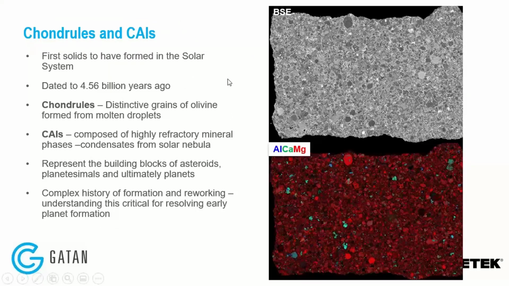So, chondrules and CAIs. Well, chondritic meteorites are composed of these two components. Chondrules themselves make up the dominant material, whereas the calcium aluminum inclusions are less common.